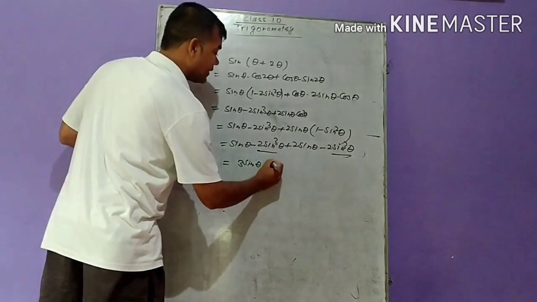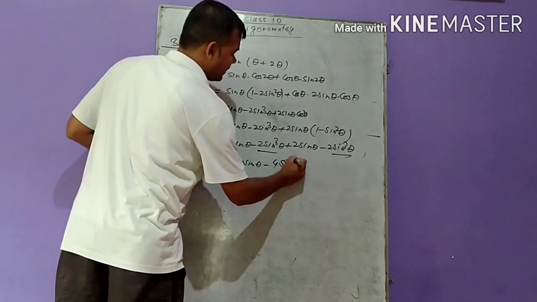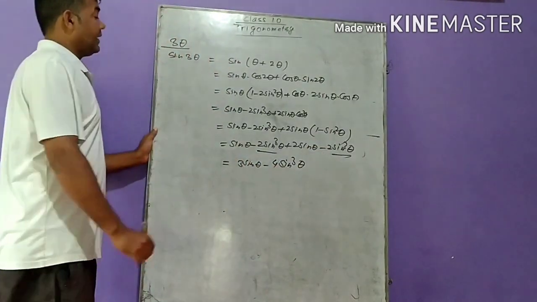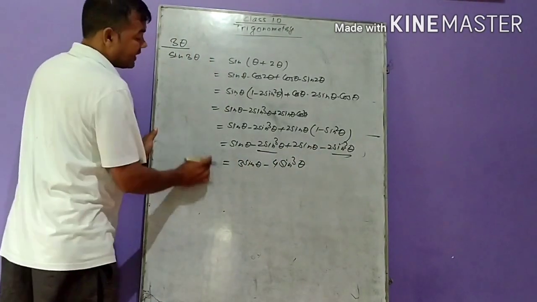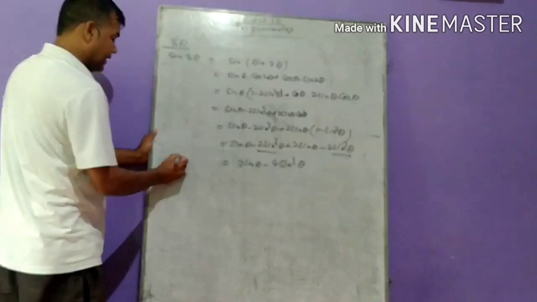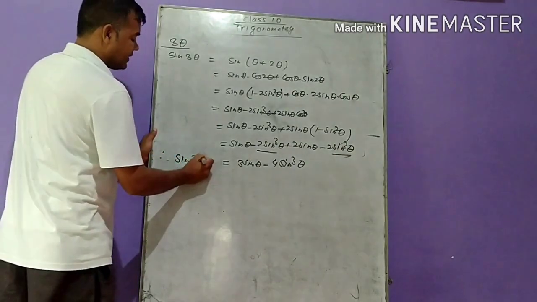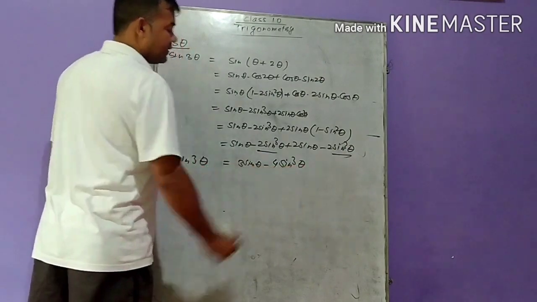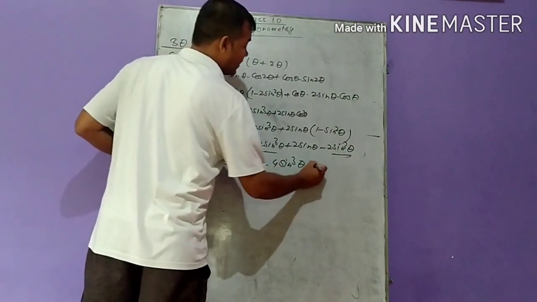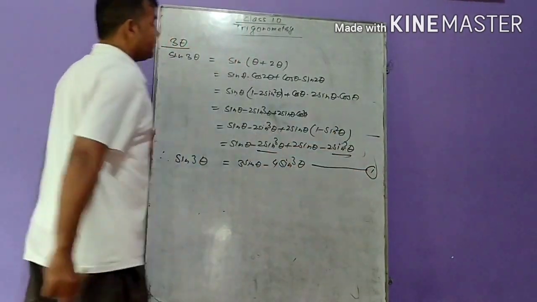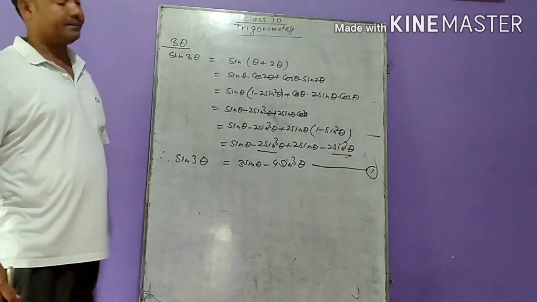So we can write minus 4 sin cube theta. So children, dear students, sin 3 theta is how much? Therefore, sin 3 theta means 3 sin theta minus 4 sin cube theta. This is another identity we can derive in the form of 3 theta.